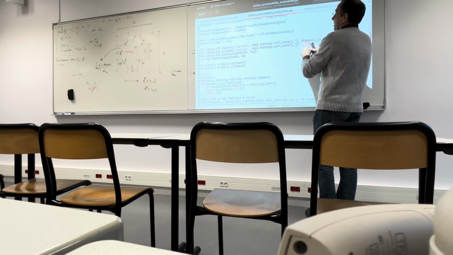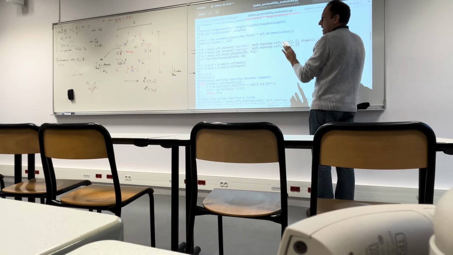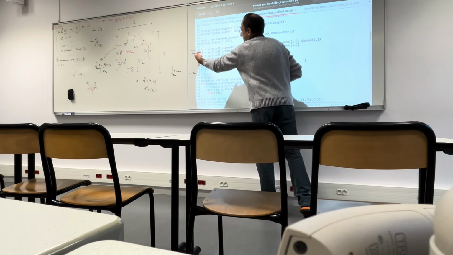For the moment this is the same, but P2 and P1 are introduced separately with this indication here, because we need to specify Lagrange elements for the vector field V and for the scalar field phi. So finite elements for V should be of vectorial kind.